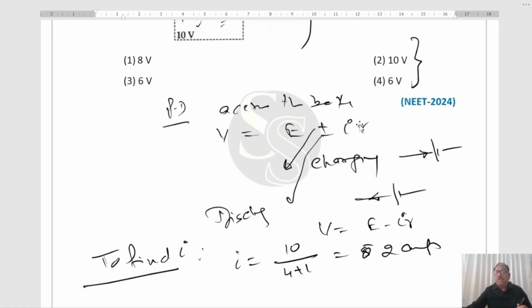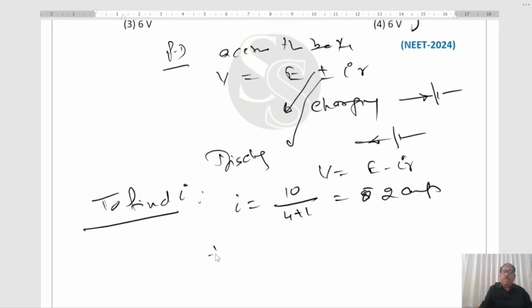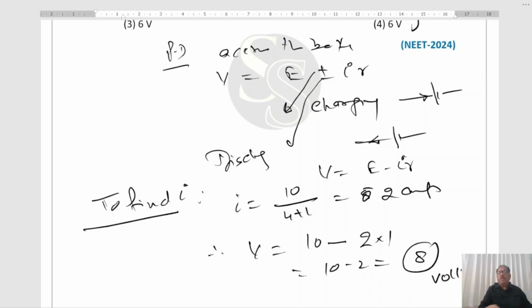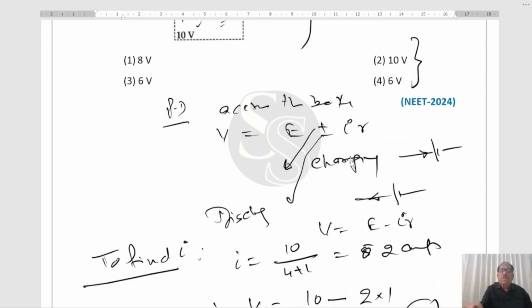Current is known, internal resistance is known, therefore V equal to 10 minus 2 into 1, 10 minus 2, that is 8 volt. Right? This is the answer. So correct option will be, first is the correct option.